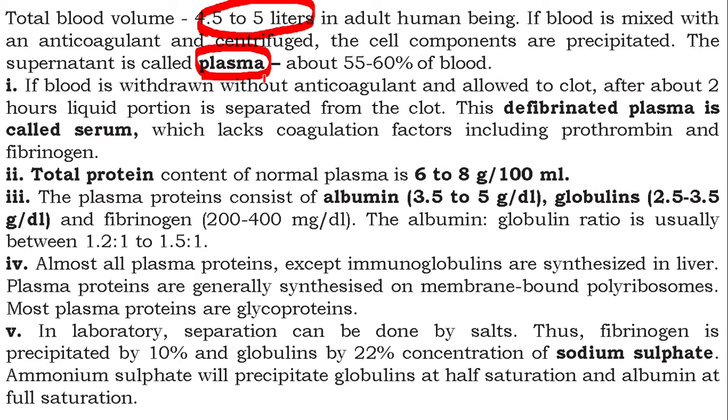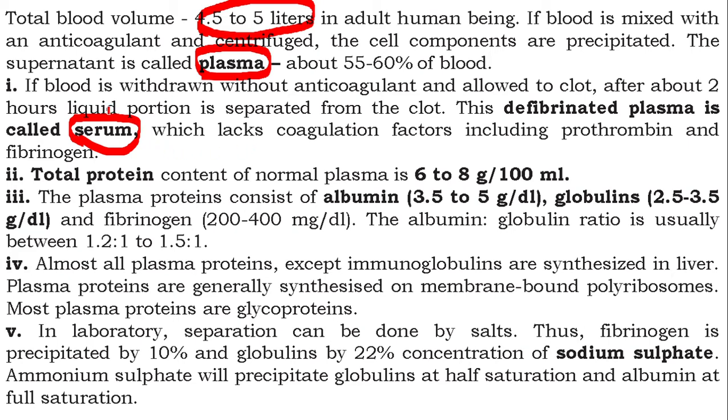I told you just now that it is blood minus clotting agent. That is not correct; that is actually serum. Plasma is the fluid portion of the blood. From the blood, we remove all the cellular components. What remains behind is called plasma, about 55 to 60% of the blood quantity.